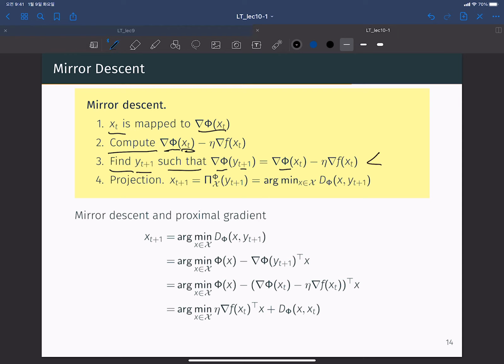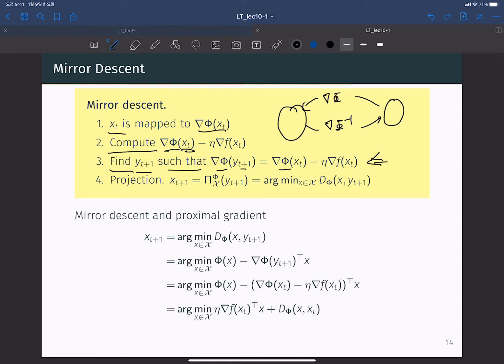So basically this operation is an inverse operation. So we have the mirror mapping, and also we have the inverse mirror mapping, which maps from the dual space to the original space.